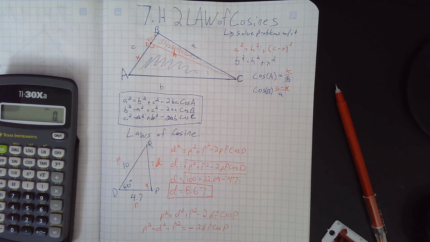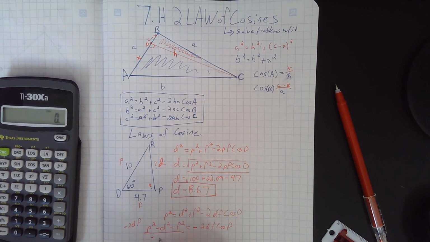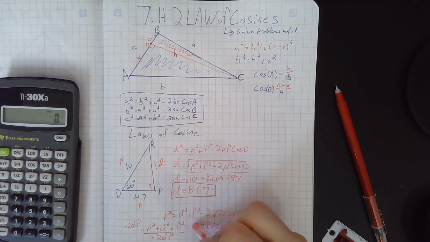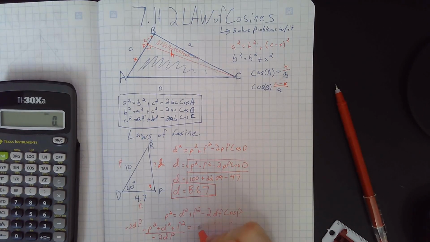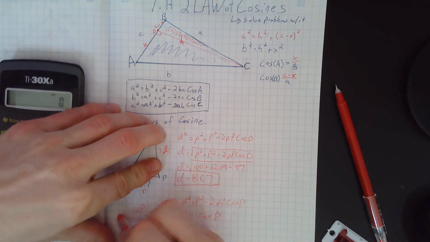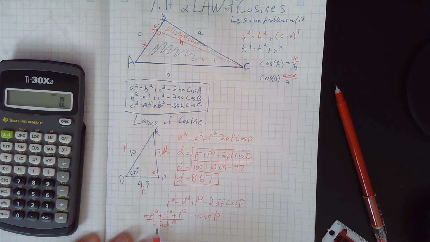That turns it into that. All my positives on the top turned into negative, and all my negatives turned into positive, and I put negative 2DF on the bottom.